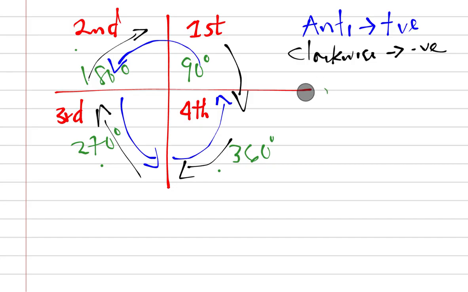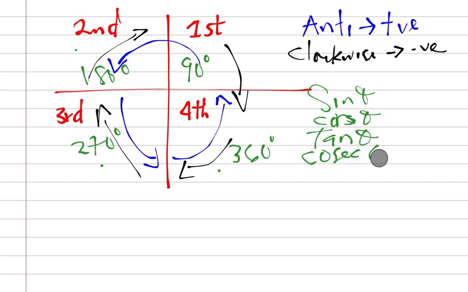We have sine theta, cos theta, tan theta, cosec theta, sec theta, and then we have cot theta. Are you seeing that now? These are the 6 trigonometric functions that we have.